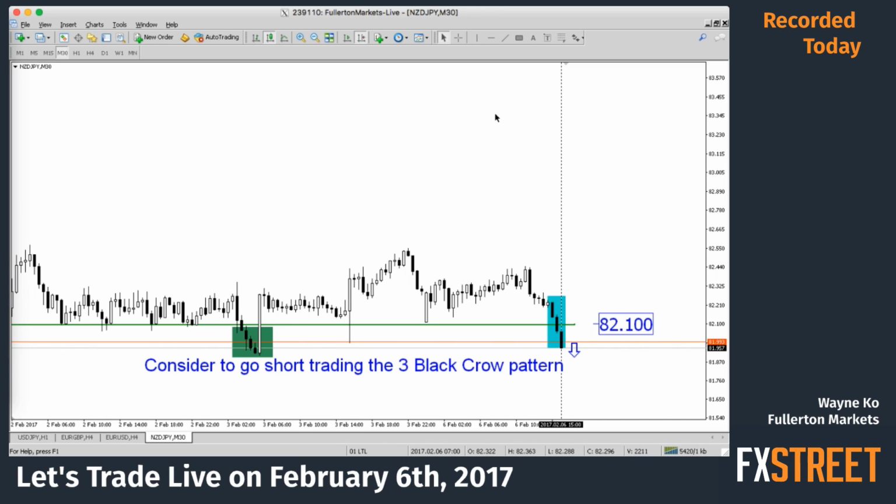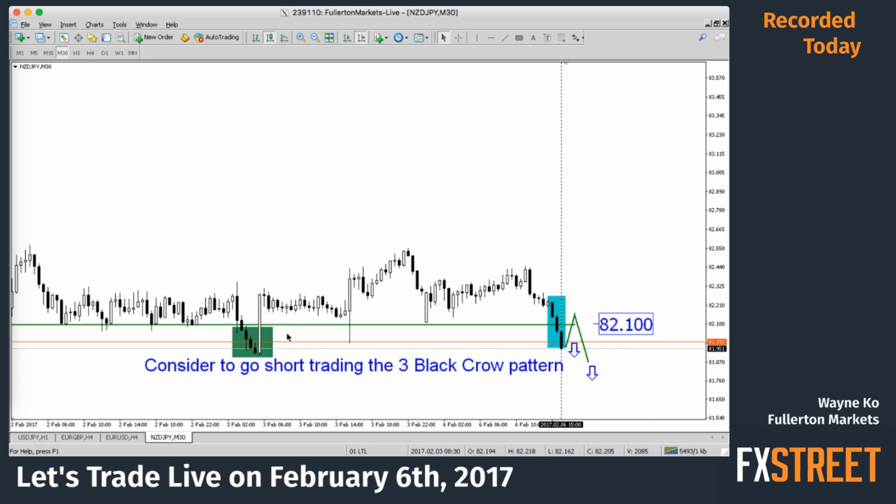Then of course, for those of you who have a concern about this last low over here, if you think that the market may find support, even though it's only 1 point, and you still believe that price will turn up, then you can forego this trade and wait for price to go up and then break it before considering to go short.